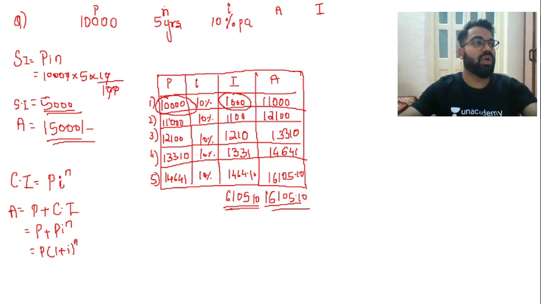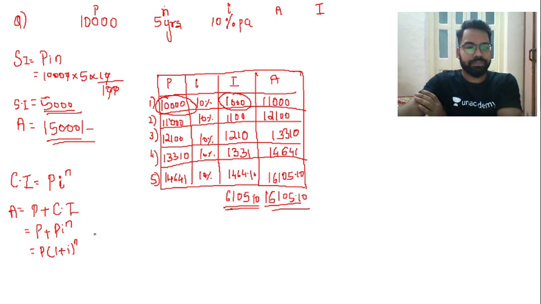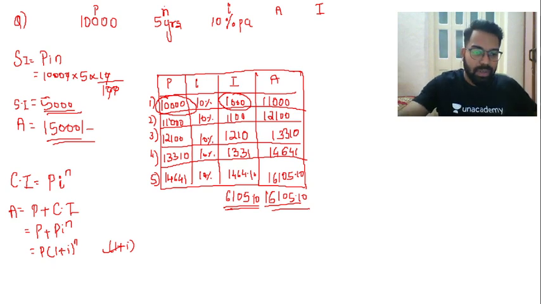So this is basically how you calculate compound interest, because every time an interest of 1 plus I is getting multiplied with itself, and that is how you get amount equal to principal into 1 plus I the whole raised to n.